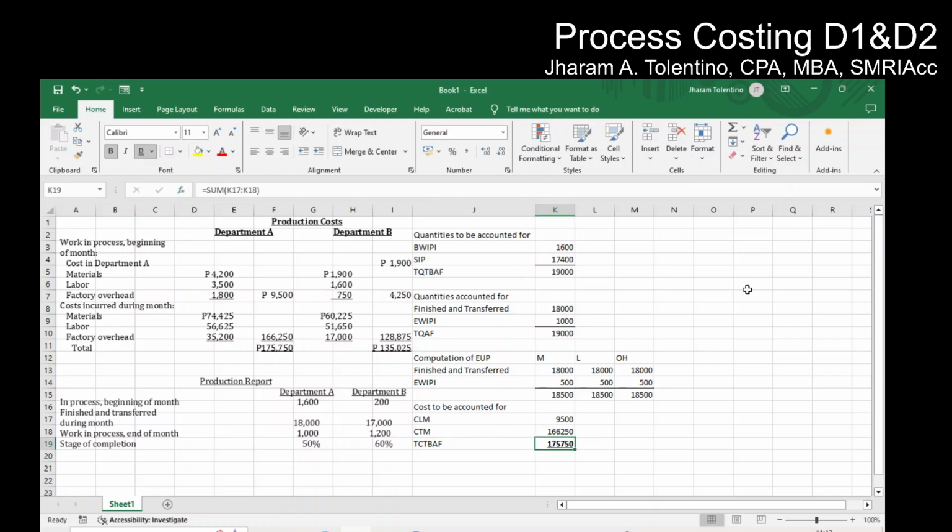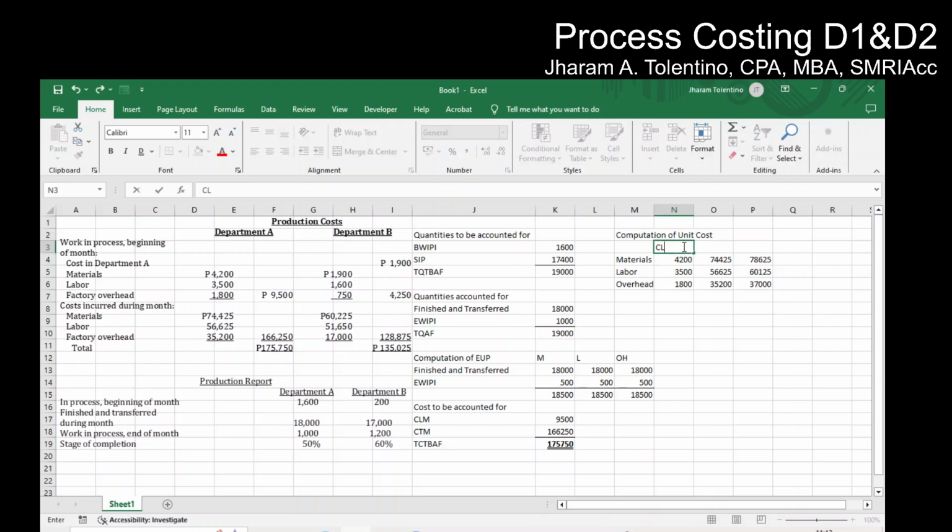What we will do next is the computation of the unit cost. We have materials, labor, and overhead. So let's do the materials, labor, and overhead. We have cost last month of 423,518, and then we have 74,425, 56,625, and then 35,200. Just get the total.